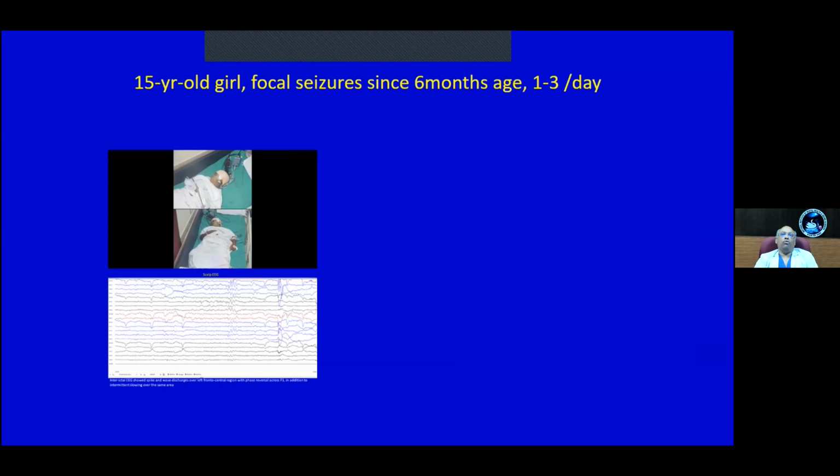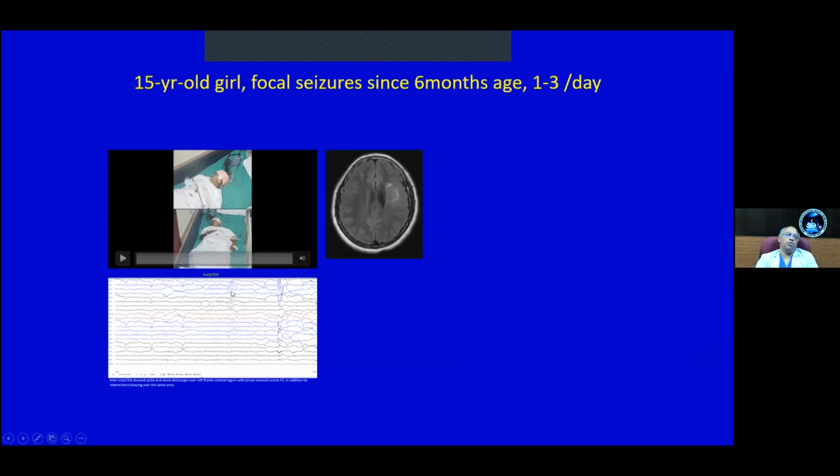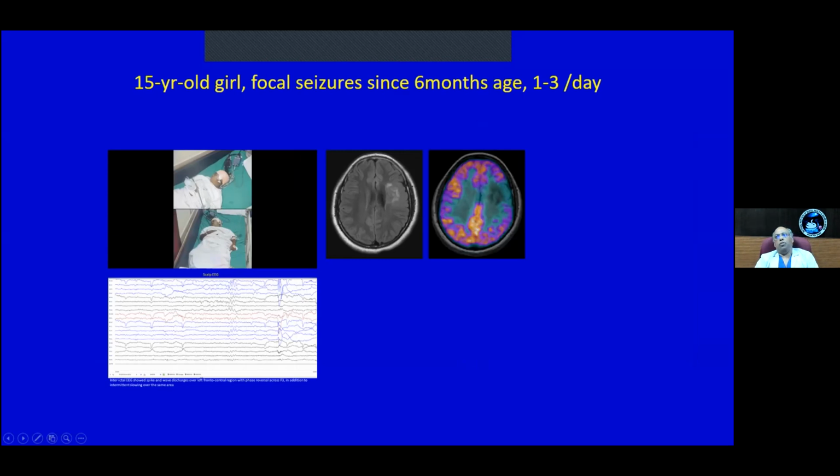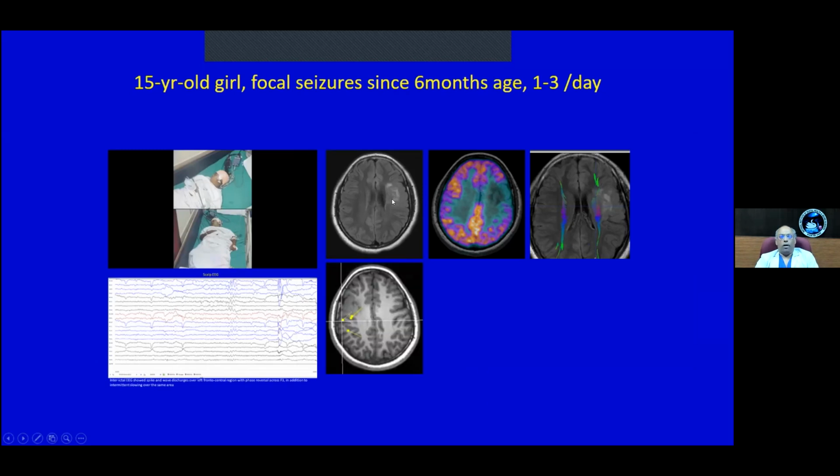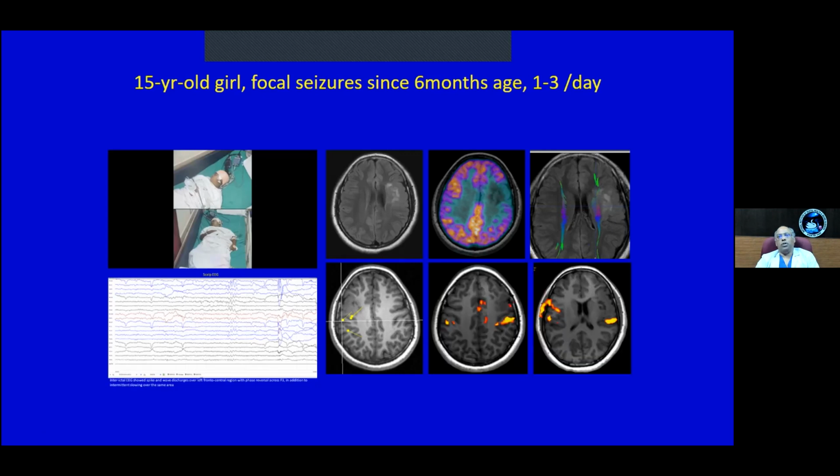This young lady presented with frontal lobe seizures, and then you can see here there's a phase reversal at F3, and she has got a large developmental lesion extending all the way from cortex to the ventricle, very much on the dominant hemisphere, just in front of the motor cortex, as well as very close to the Broca's area.